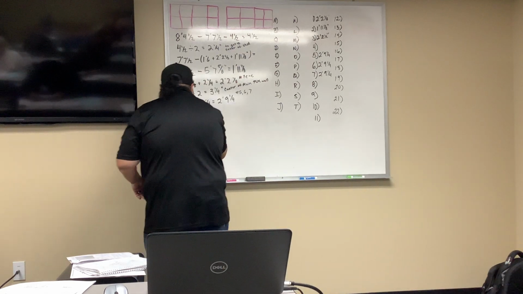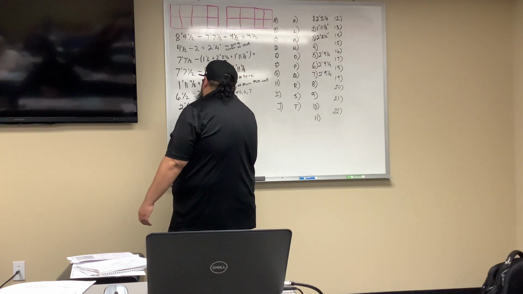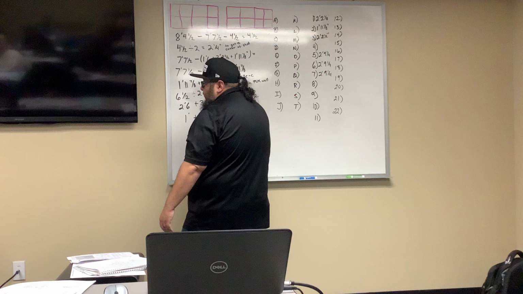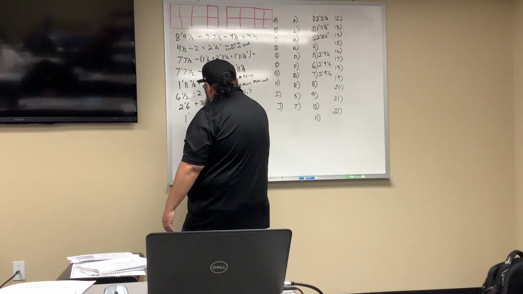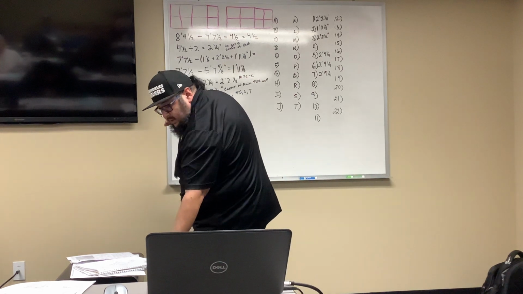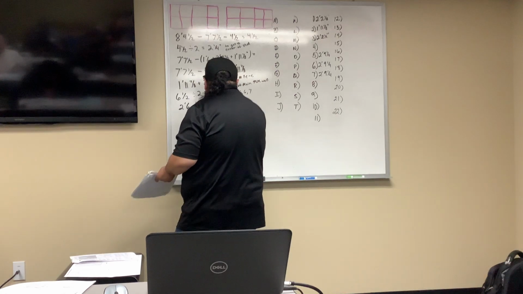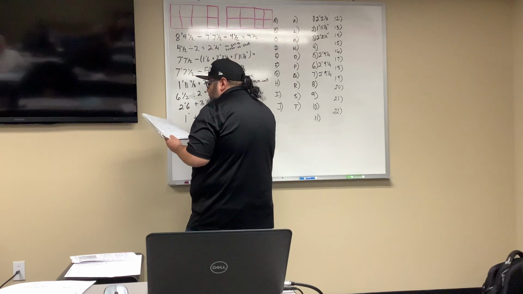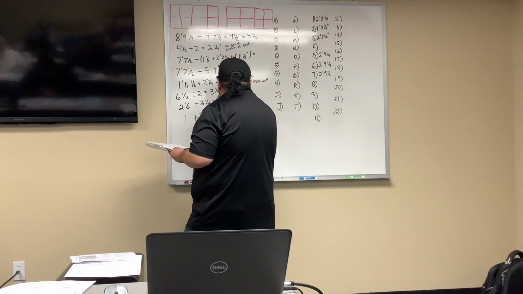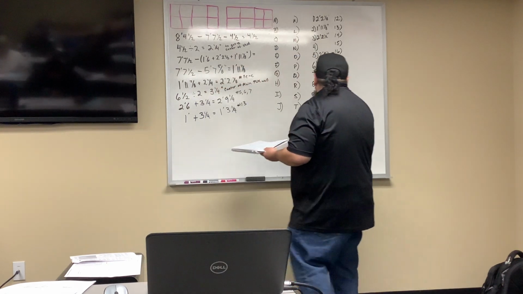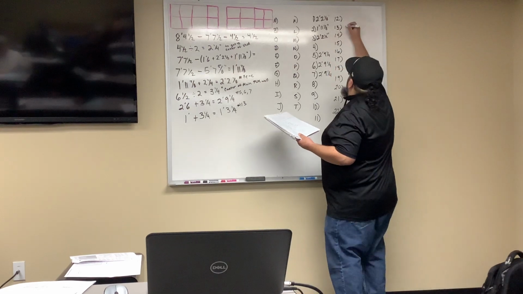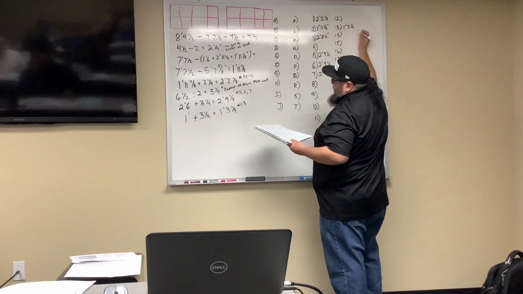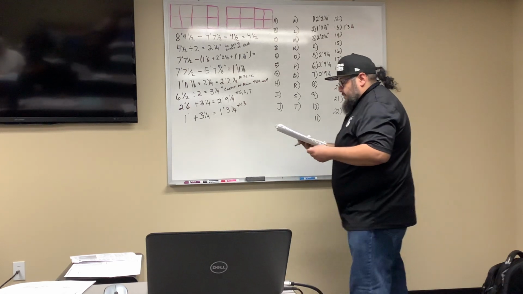So we get 1 foot plus our 3 1/4 again, to get us to the center of the stud, which gives us a total of what? 1 foot 3 1/4. And that is number 13, center to center. All right.